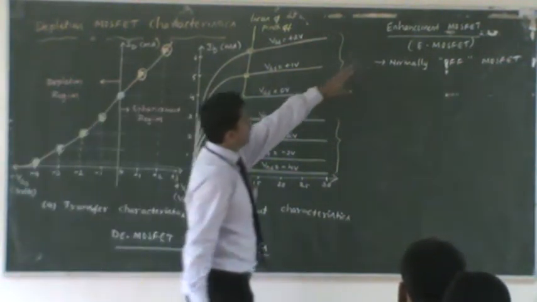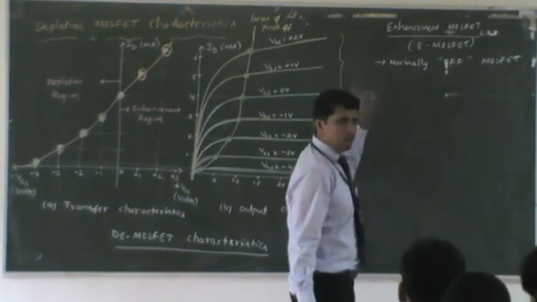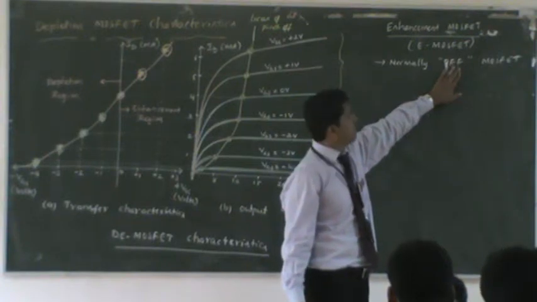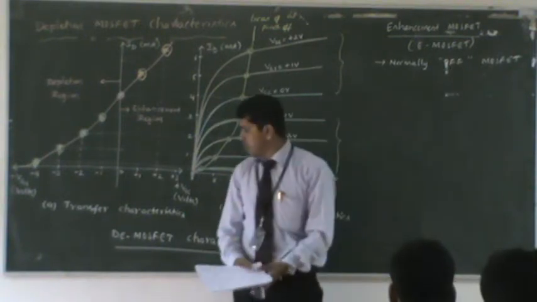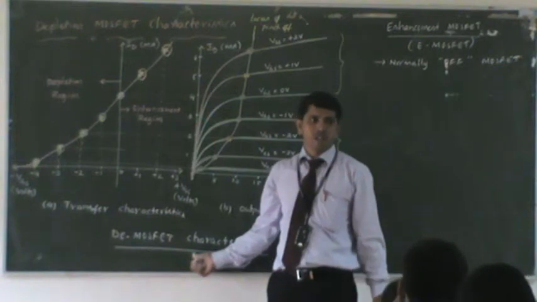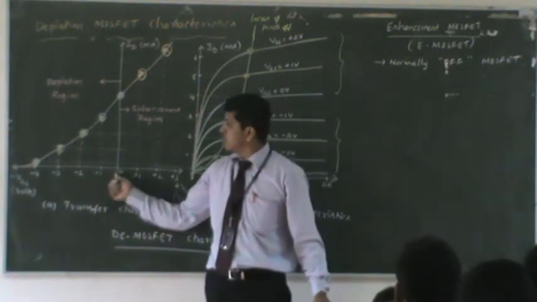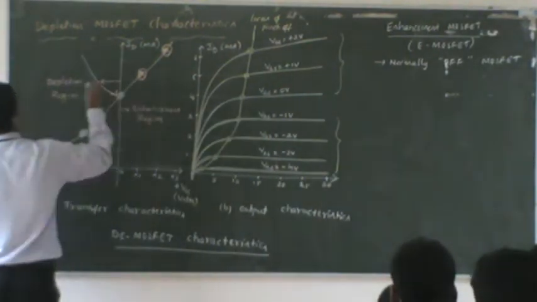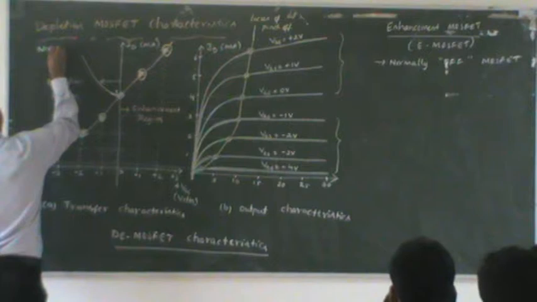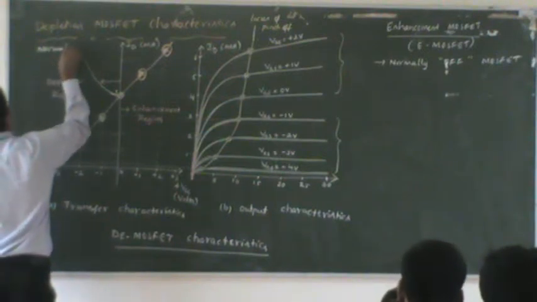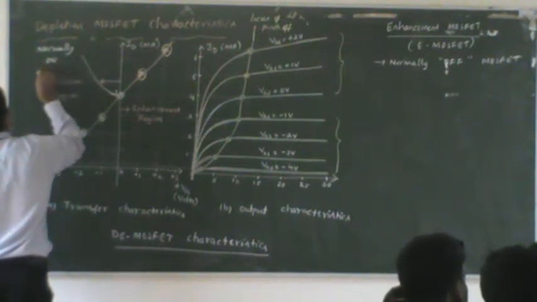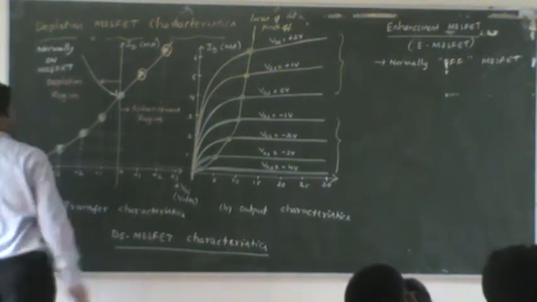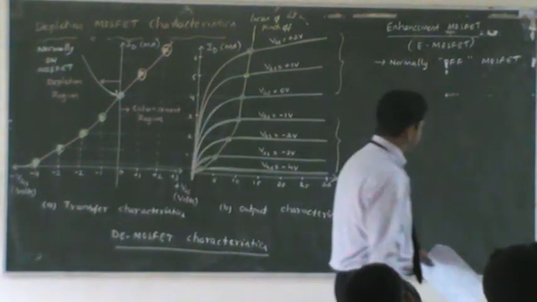Whereas in the enhancement MOSFET, when you make the gate source voltage 0, you will not get any current. That's why this is called a normally off MOSFET. Whereas the depletion MOSFET can be called a normally on MOSFET. Even for 0 gate source voltage, there is a current. Because at 0, there is a current.